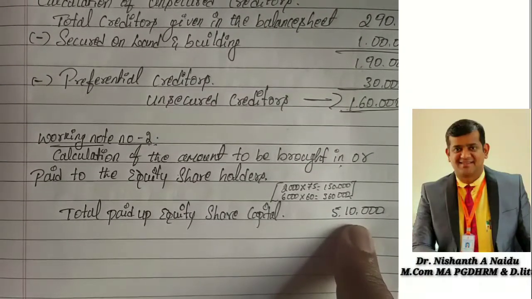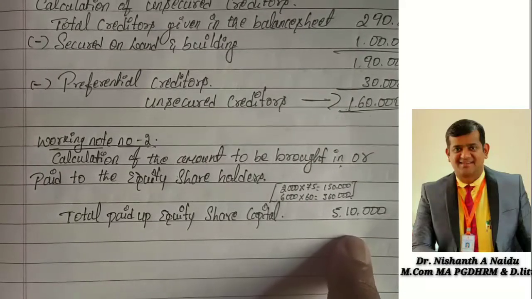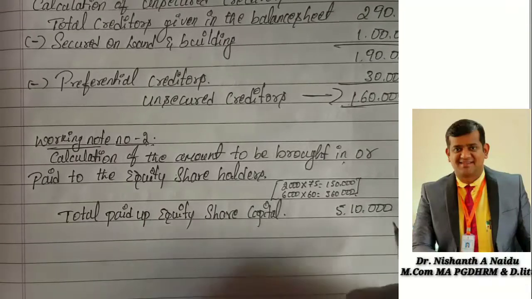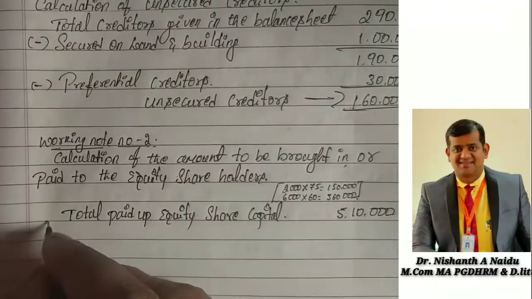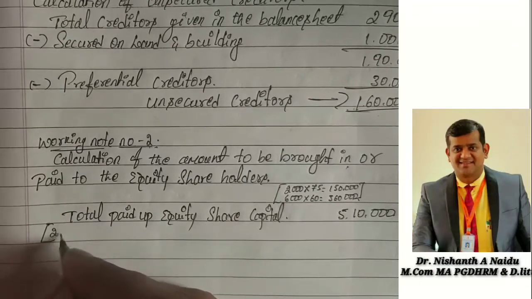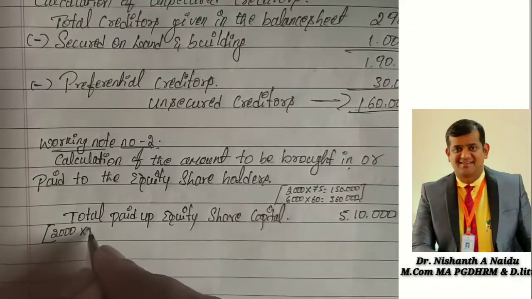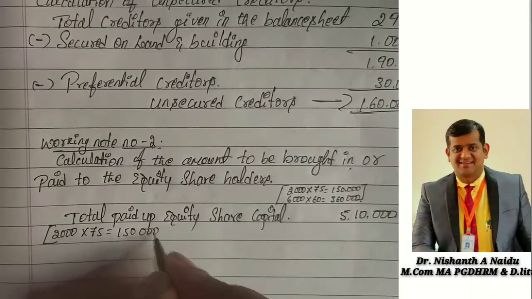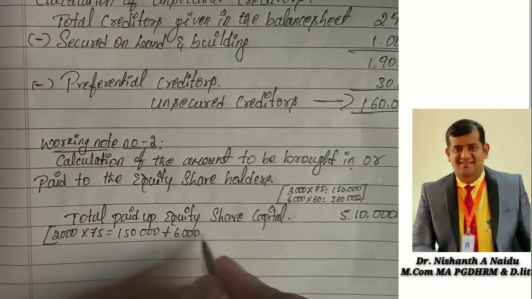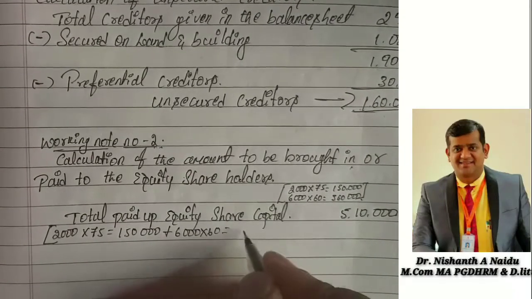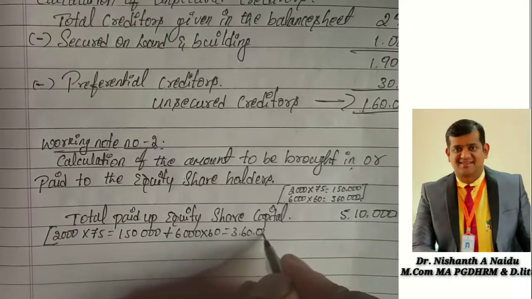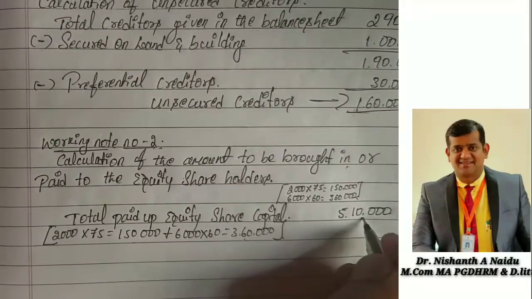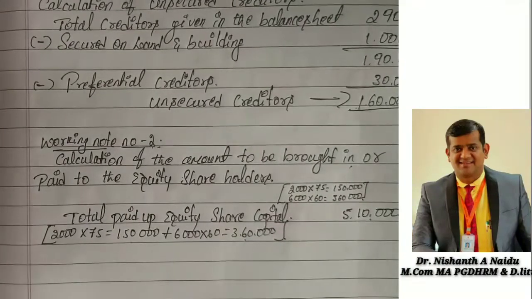So now I have the total paid up equity share capital of 5,10,000 rupees. If you want, you can make a note of this calculation.